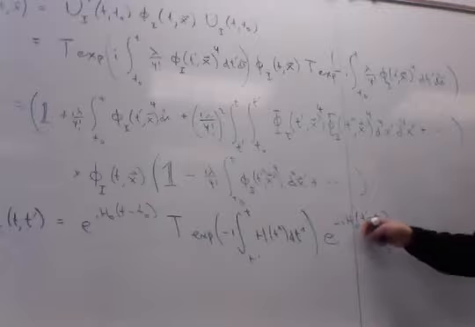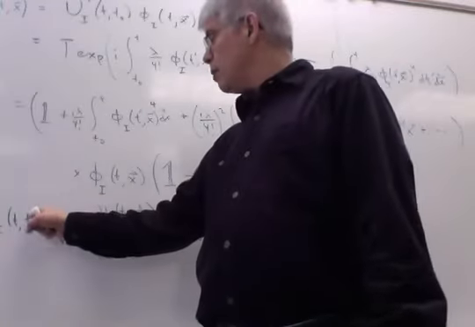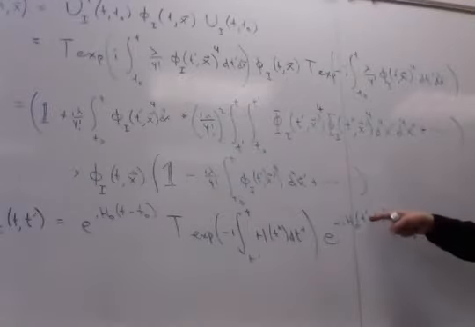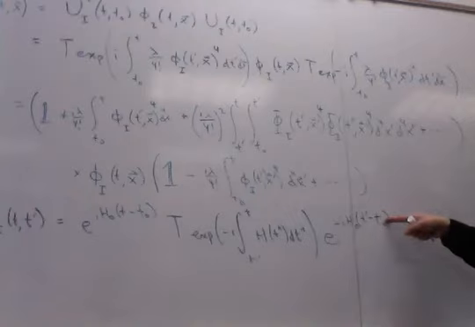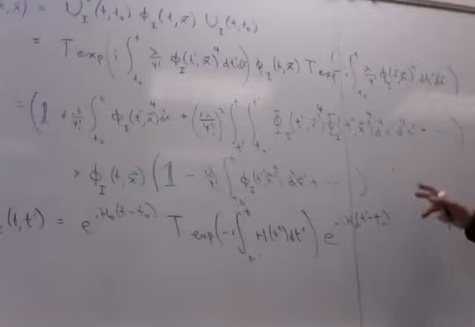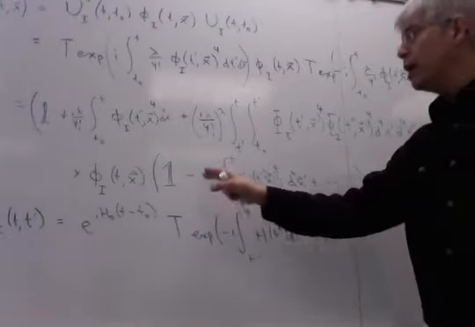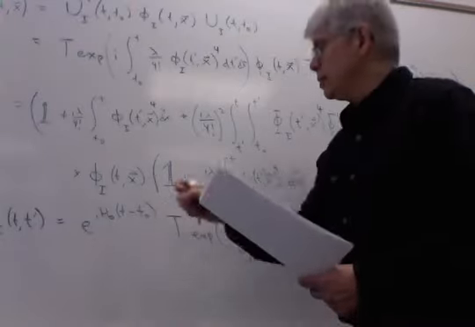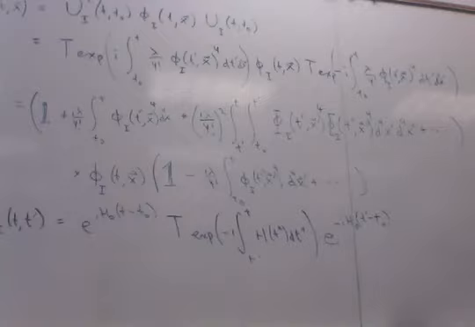But more generally, if you want to evolve between any time t prime and a time t, you have to first translate yourself from t prime back to t0, which is our reference time at which the fields are free. Then you evolve with the full Hamiltonian, and then you undo that, or you put back in the H0 evolution to bring it back up to time t.